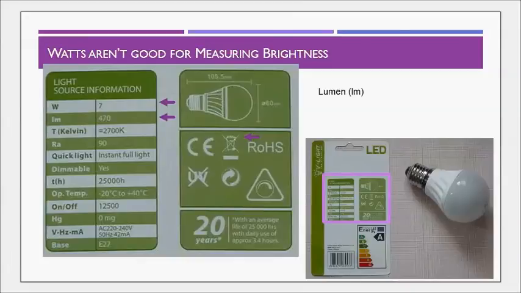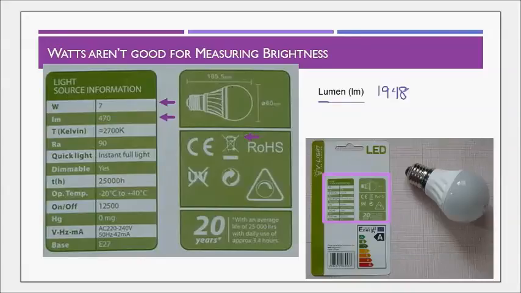What is a unit for brightness is called a lumen, and that's kind of a newish unit. It was proposed in 1948, I believe, so it's quite new in the span of the sciences.